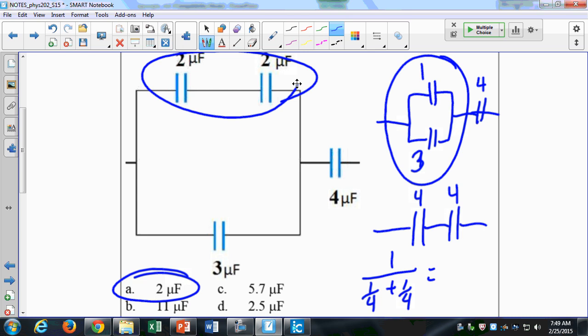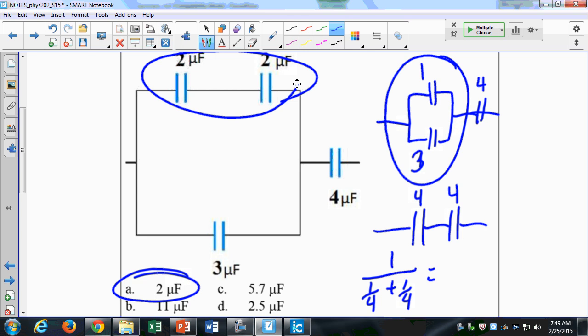Oh, is that the same thing as you put 1 over 1? No. When you have capacitors in parallel, you just add them up. Like I said, with resistors, it's different. When you have resistors in parallel, then you do that funky thing with the inverse bit. So be careful with that. That's where students often get confused, because they've done a lot of resistors in lab.